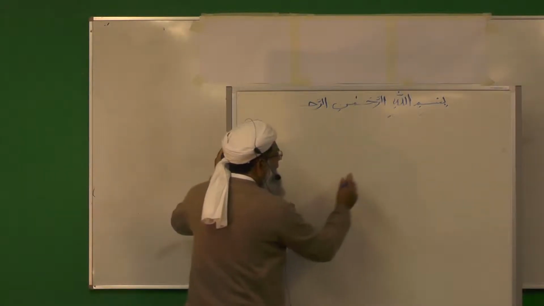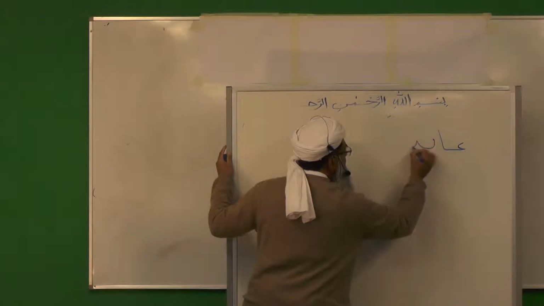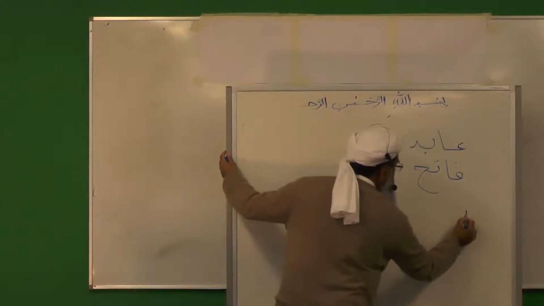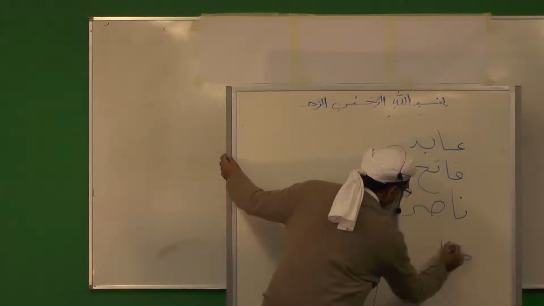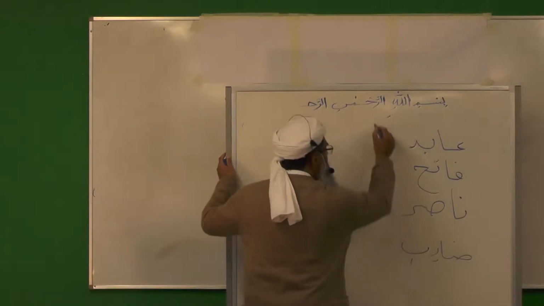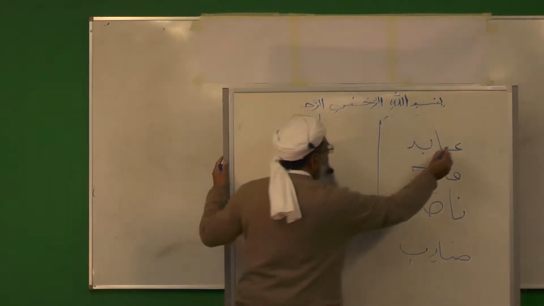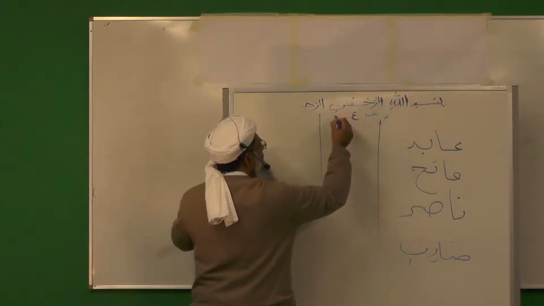Okay. What I'm going to write over here is Abid, Fatih, Nasir, Darib. So tell me, what are the fa, ain and lam kalimas in this? The fa kalima, the ain kalima and the lam kalima.